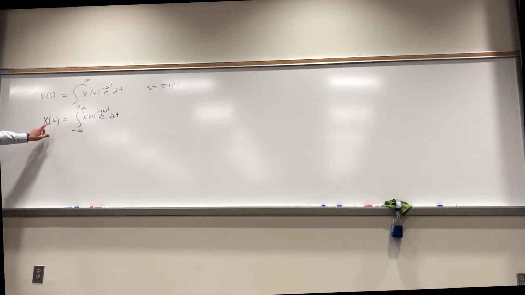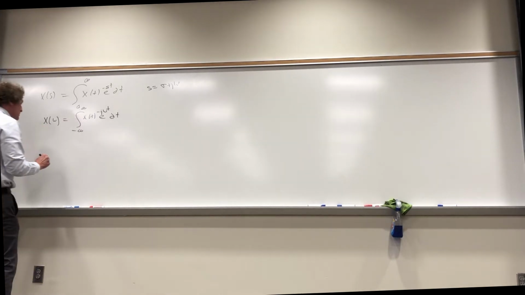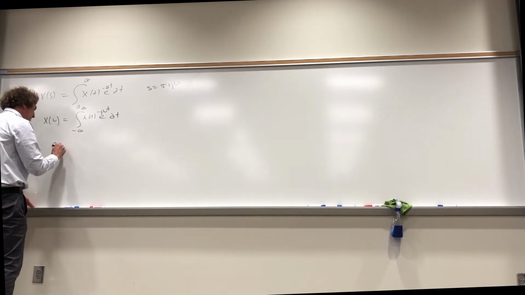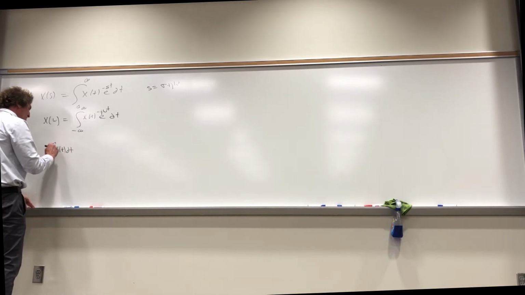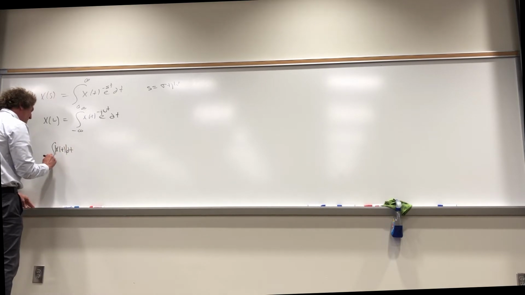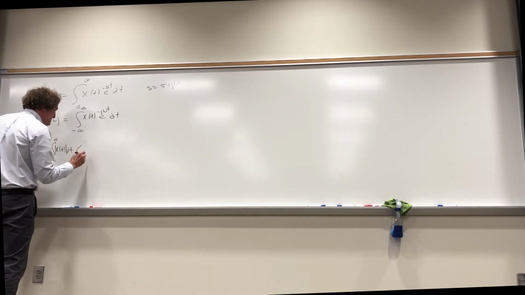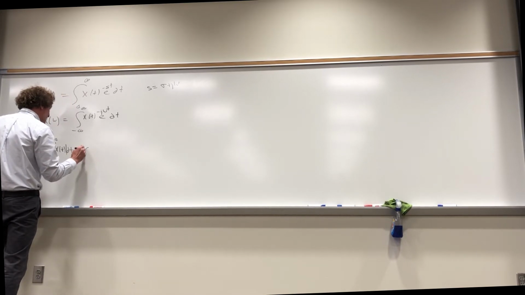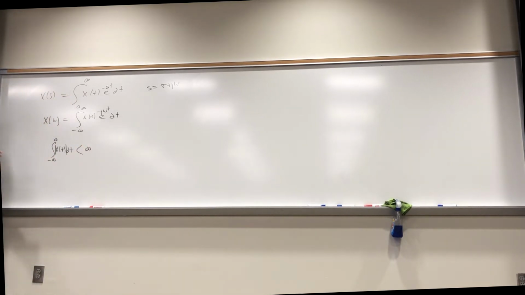In order for this to work or to exist, this has to be true. If you take the integral of the magnitude of x(t) dt from minus infinity to infinity, it has to be less than infinity. It has to be finite. If it's not finite, this won't work. If this is not true, then you can't get a Fourier transform.